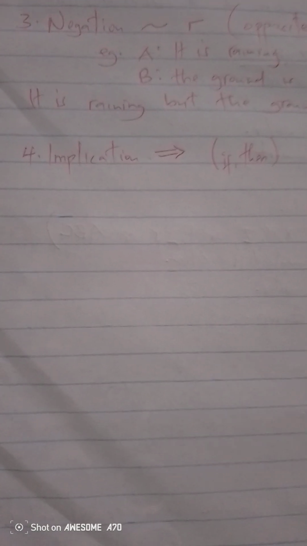If, then. That is the meaning of implication. So, we want to use this implication in terms of verbal statement or verbal meaning while using these two propositional variables and propositional statement.